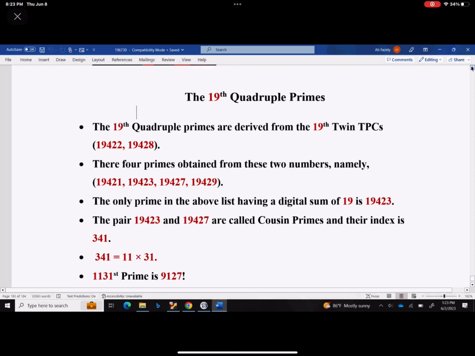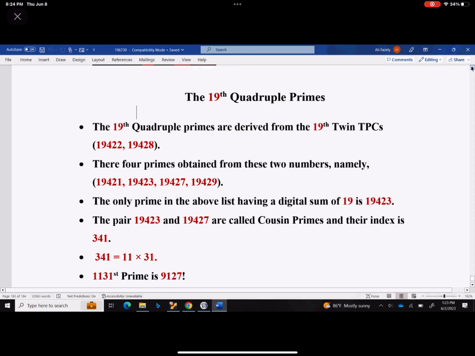So if you have a twin prime companion, 6 for example, or 12, all you have to do to find the primes accompanying this number is add and subtract 1 from that twin prime companion, and you get a couple of primes which are the twin primes. In the case of the 19th one, they are 19,422 and 19,428.